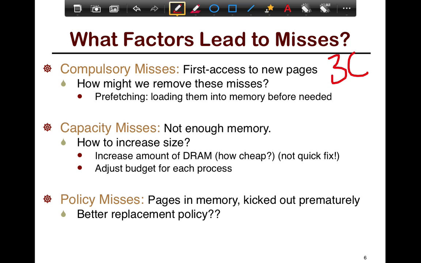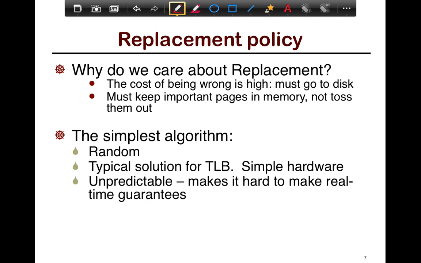Okay. Finally, there are policy misses, which are our primary interest in this case. You have pages in memory and you kicked out the important pages prematurely. This we can try to solve with a better replacement policy and by being really clever about what data is actually maintained in memory.